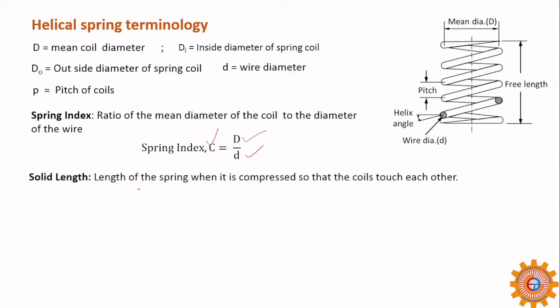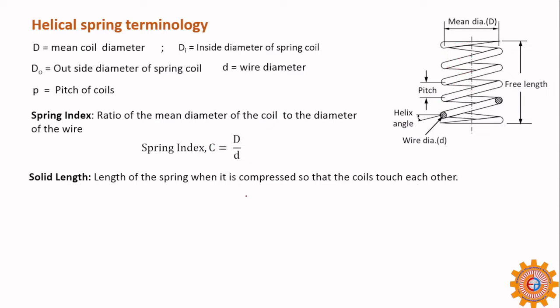The solid length is the length of the spring when it is compressed so that the coils touch each other, so there won't be any gap between them. You understand? We apply so much load that the coils touch each other, leaving no space.